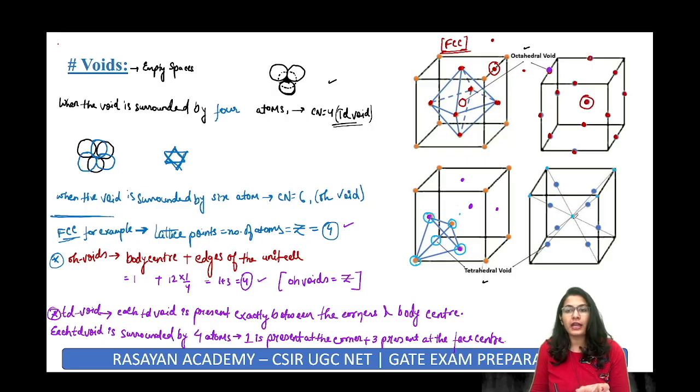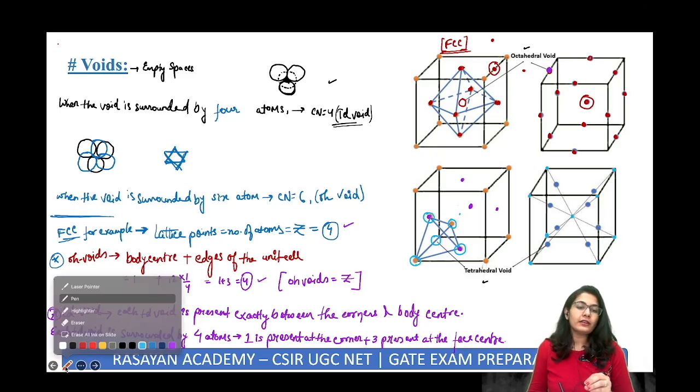This corner and this body center, another tetrahedral void. This corner, body center, another one. This corner over here, backside, and the body center, this void. The front one again, this side, and this is your body center, so this is the void. This corner is going to have from the body center this void. तो ये सारे सिर्फ voids है. These are only the voids.